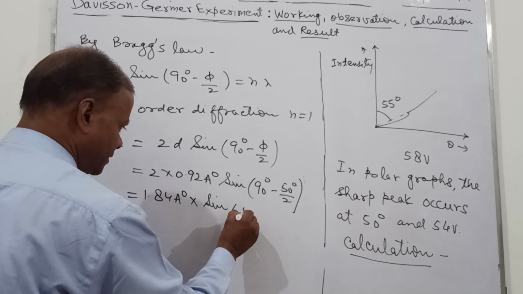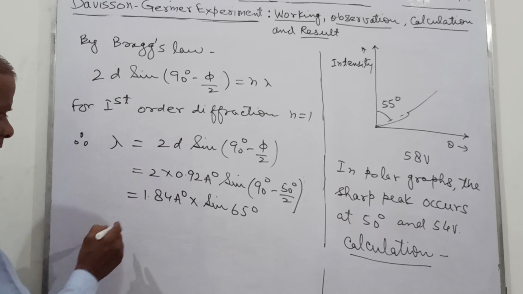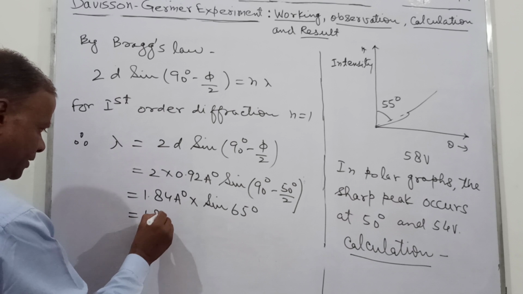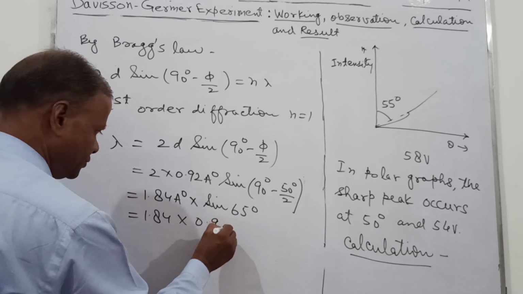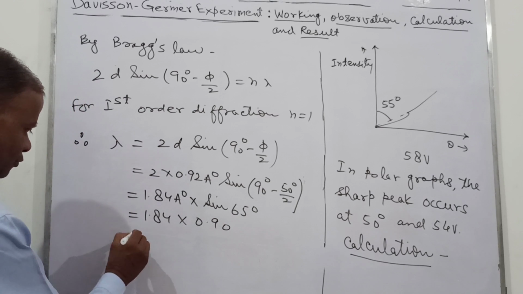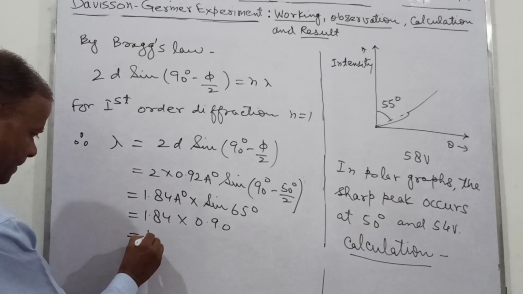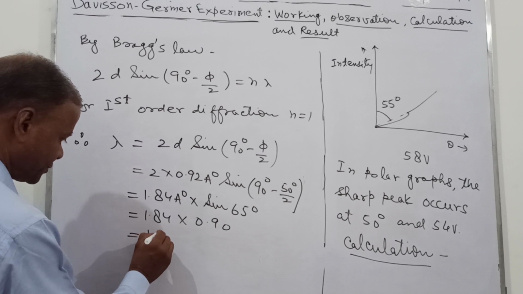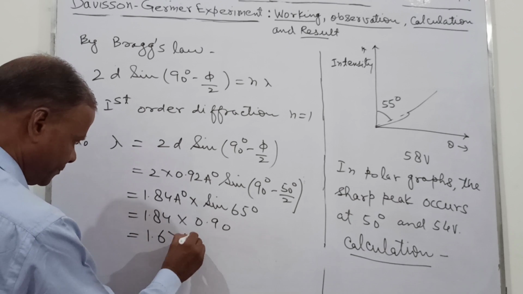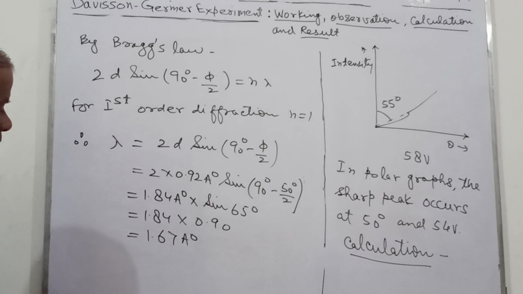Sine 65 is 0.90, so 1.84 × 0.90 is equal to 1.66, or 1.67 angstrom.